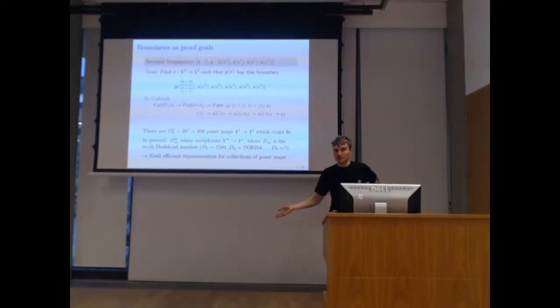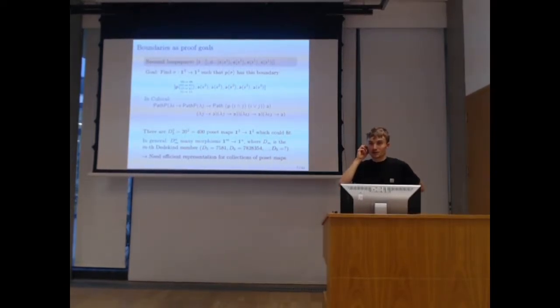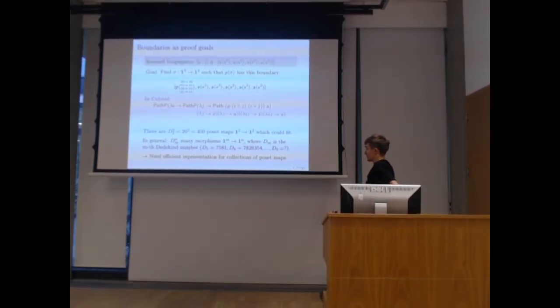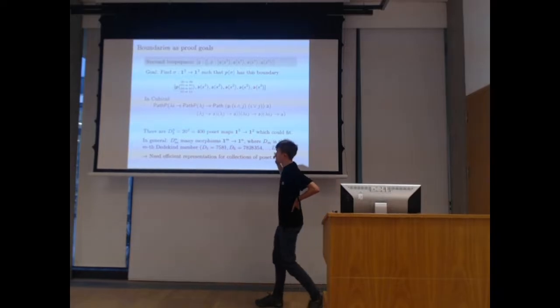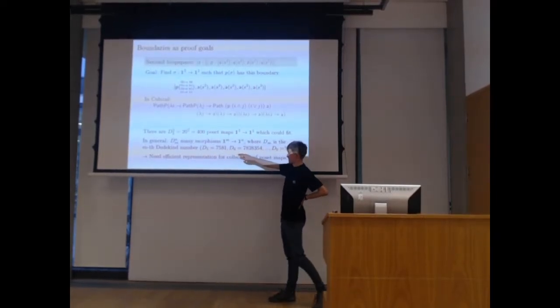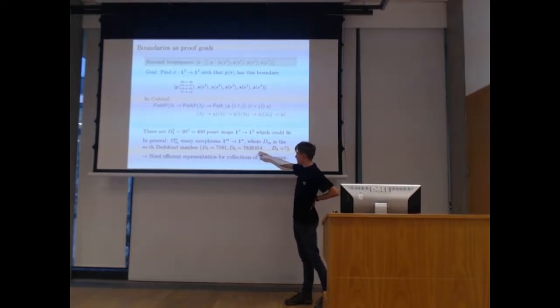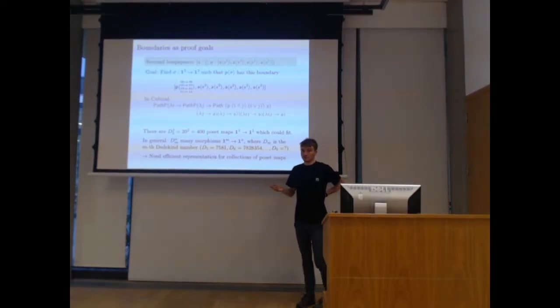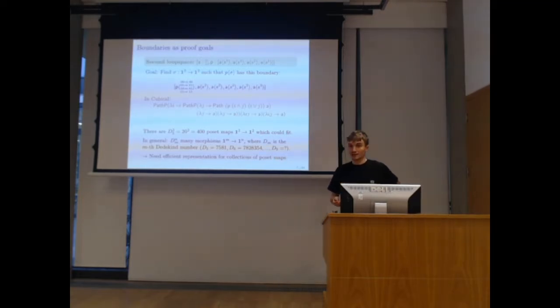This is what gives the Dedekind cube category its name: the number of morphisms in this category is precisely the Dedekind numbers. And these Dedekind numbers grow extremely fast. The third Dedekind number is 20, the fifth one is over 7,000, the sixth number is over 7 million, and we haven't even computed the ninth Dedekind number. So we can't even enumerate the number of poset maps we have there.